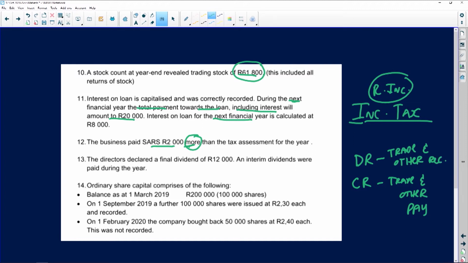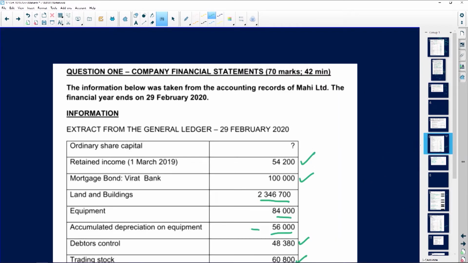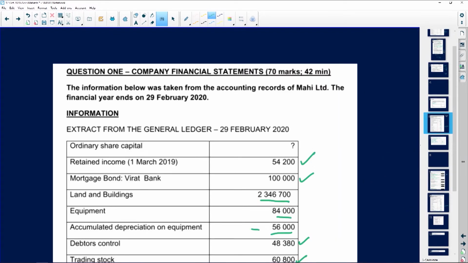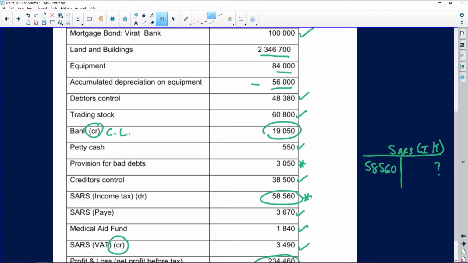Right, so let's start off by calculating our income tax for the year. So in order for me to do this, I need to go back to my pre-adjustment trial balance. There we go. Okay, so in this pre-adjustment trial balance, and I've written it down already, SARS income tax, remember we made a payment to the receiver for an amount of 58,560.